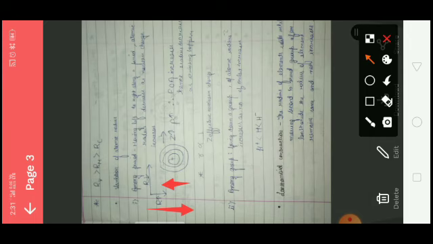And if we will be moving towards the right of a period, then we will be discovering that the atomic size is decreasing.